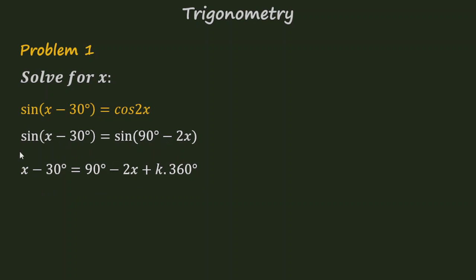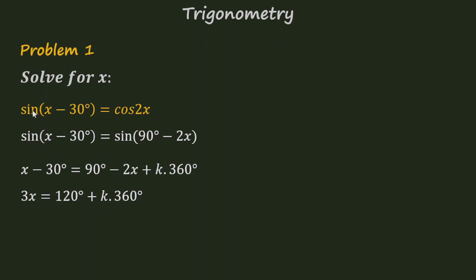So we simply drop sine and sine, and then we are left with that. We can simplify this to get 3x equals 120 degrees plus k times 360 degrees, where k is the element of integers.